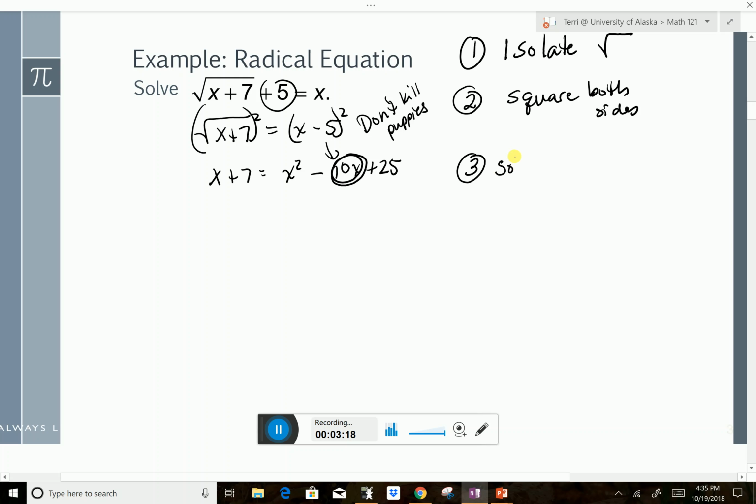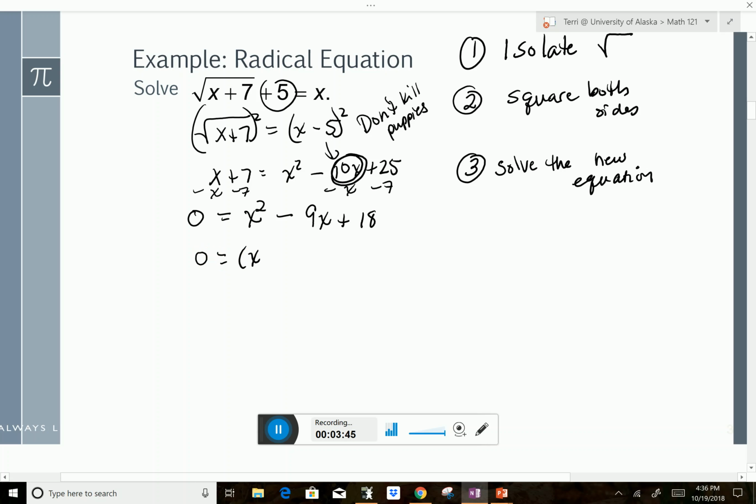Now we solve the new equation. So this is quadratic, so I'm going to put everything on one side and 0 on the other and see if I can factor it. So negative x minus 7 minus x minus 7. So 25 minus 7 is 18. So let's see if this is something that I can easily factor.